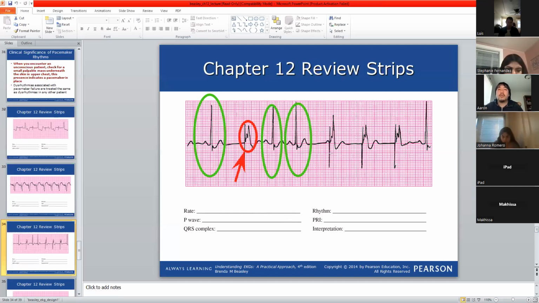Very good. Here we have a spike, followed by another QRS. You agree? Yes. So this spike is followed by QRS.